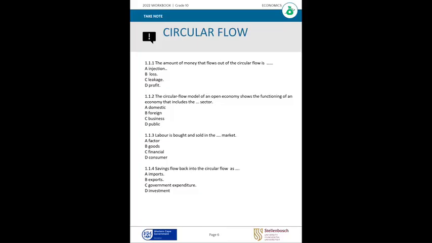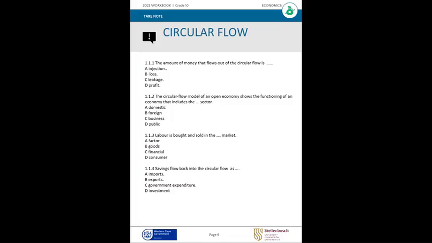So therefore, here we're talking about the circular flow model of an open economy. It shows the functioning of an economy that includes the, and the only possible answer here would be B, the foreign sector. Because domestic doesn't belong, business is in both open and closed.